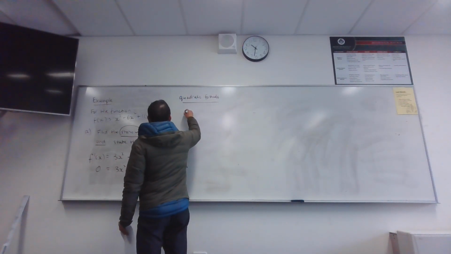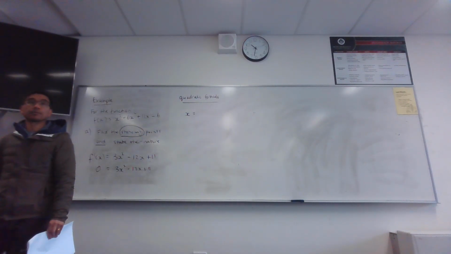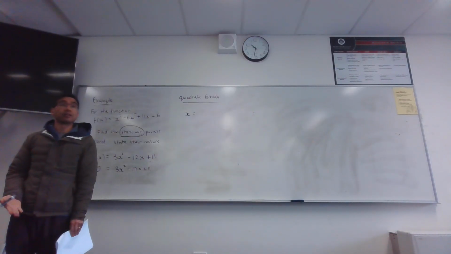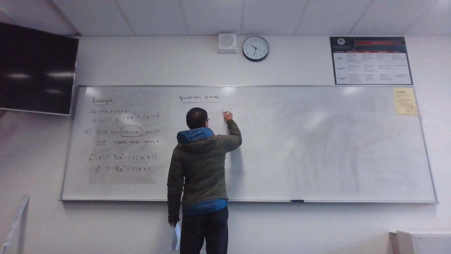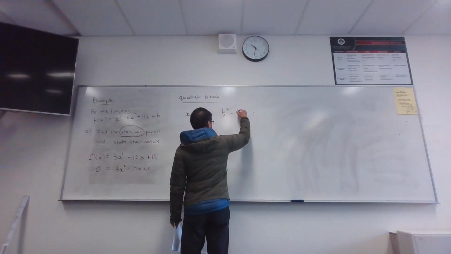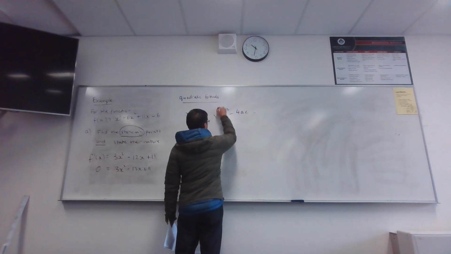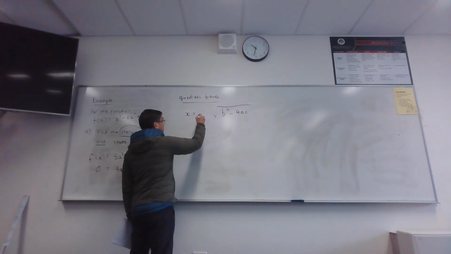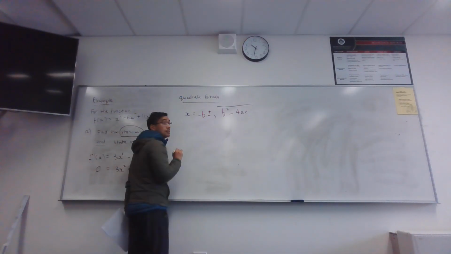So if I'm solving this with the quadratic formula, who knows it off by heart? There's a b squared minus 4ac, and that's in the root. And then negative b, the whole one, plus minus.